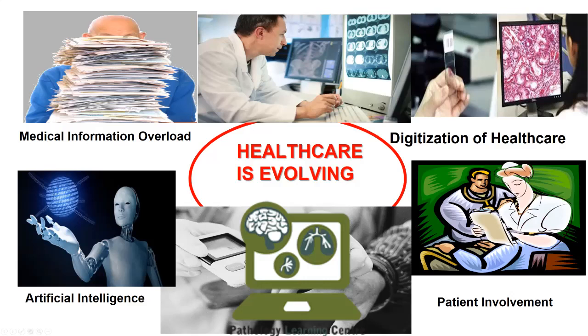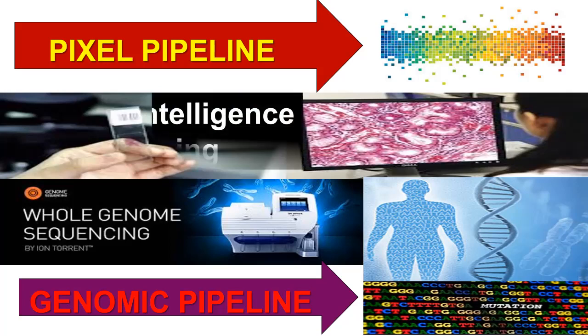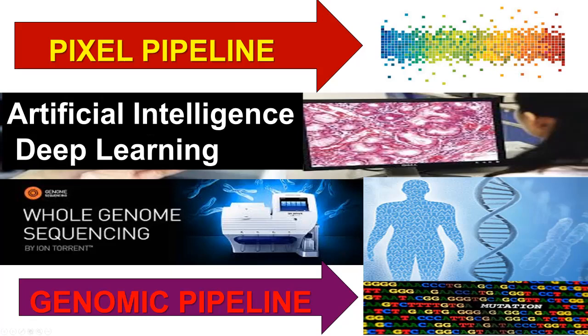So AI has already made a major impact in all walks of life. So why not pathology, right? Why not use AI for things that are quantitative, for things that are objective, to help us with those objective things. If you think about whole slide images, we have the pixel pipeline, artificial intelligence and deep learning, whole genome sequencing, exome sequencing. We can create a genomic pipeline.